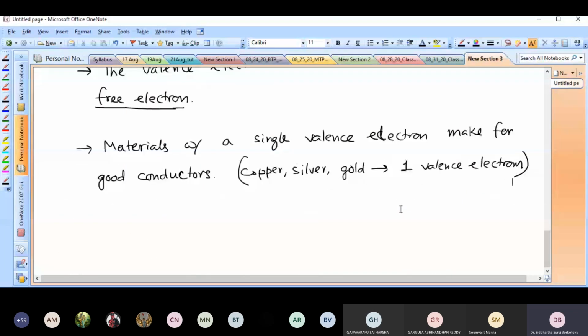Now that we know conductors, what are semiconductors? Before that, let's see what insulators are, and the natural state of atoms.